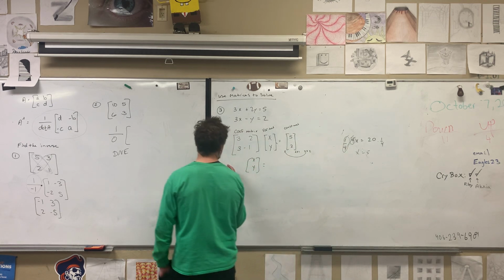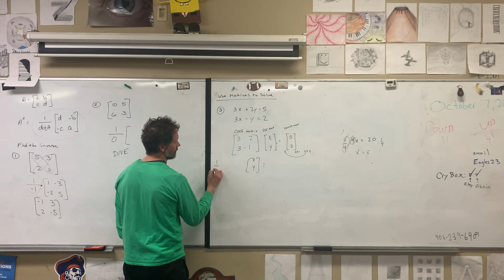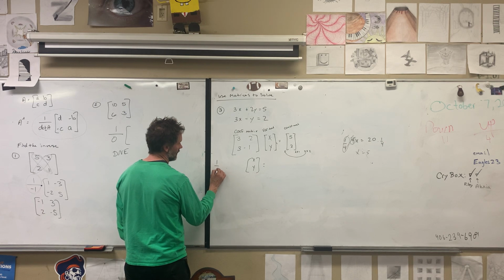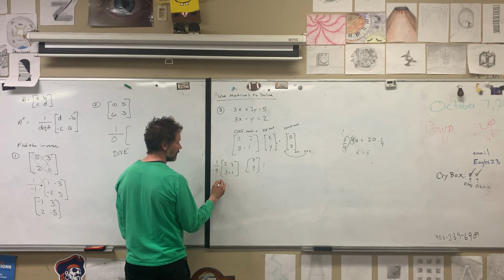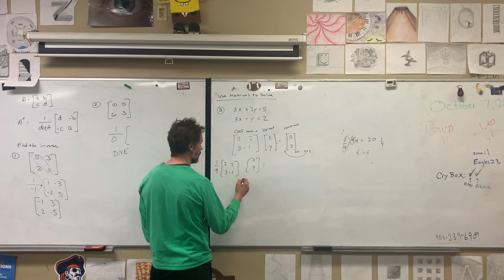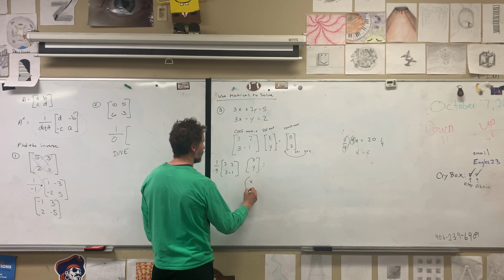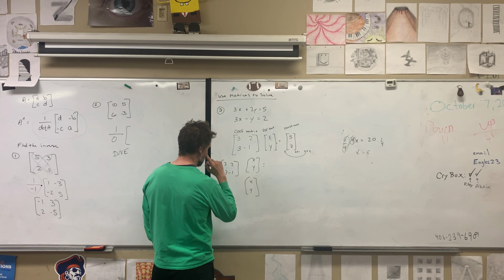Maybe I should have just done that over here, make sure we're on the same page. 1 over the determinant, -3 minus 6 is -9. Do that. -3 plus 5 is 2. Oh, whoops, plus 6.